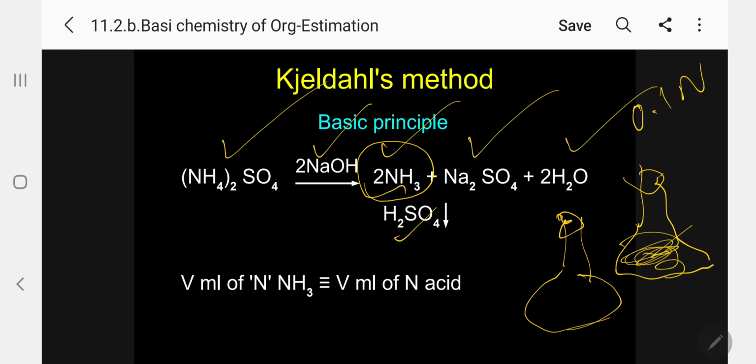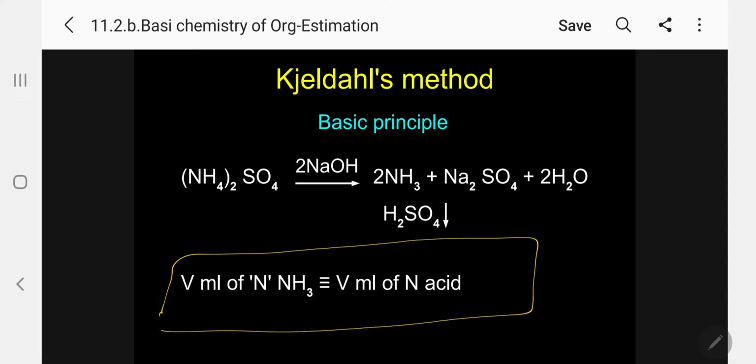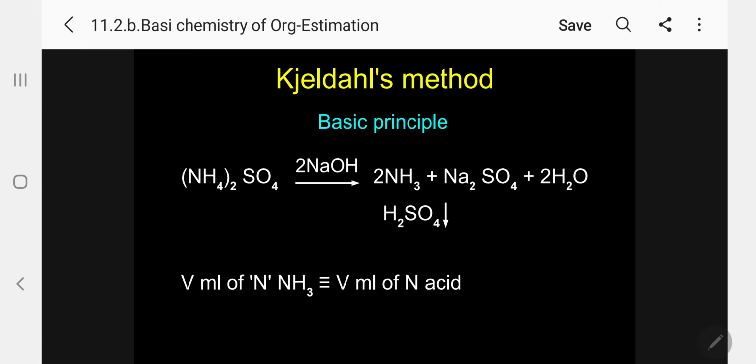Kindly follow. You pass the ammonia into this until there are no air bubbles, that means until no ammonia gas is there. When the reaction is completed, we do the calculation. Here the basic principle is V ml of N ammonia equals V ml of N acid. That is the basic formula.